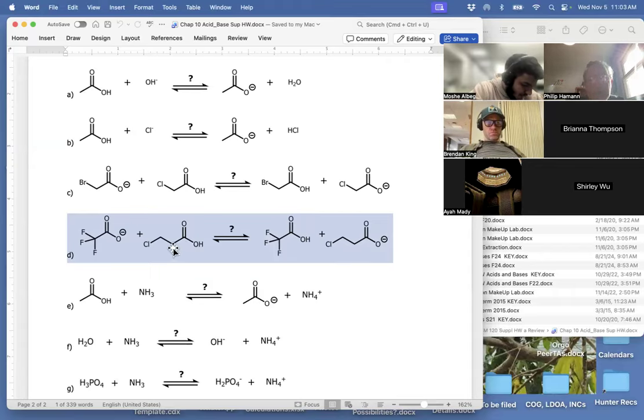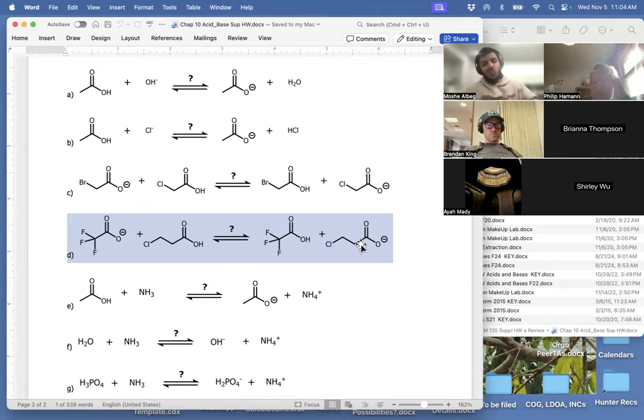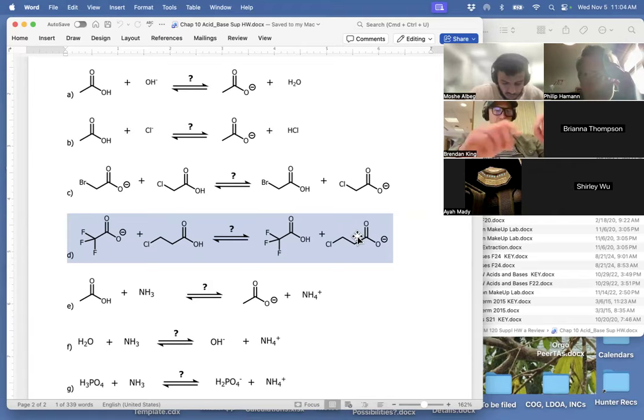The chlorine on this beta-chloropropionic acid is helping just a little bit. It's not much more acidic than acetic acid. So this is an extreme comparison. The left is very highly favored. And the right side has all the strong acids and bases. This is a relatively strong acid, and that is acetate, a weak base.